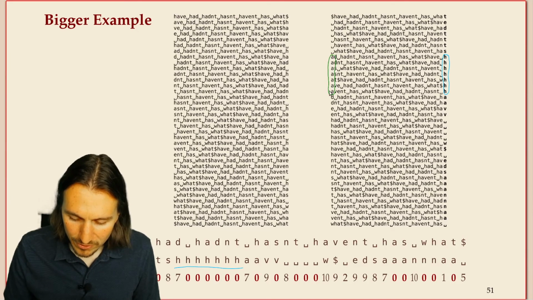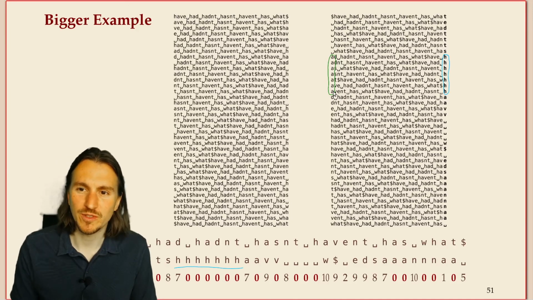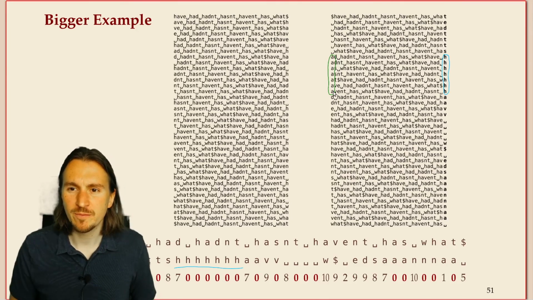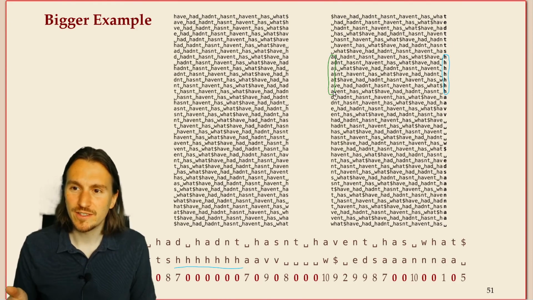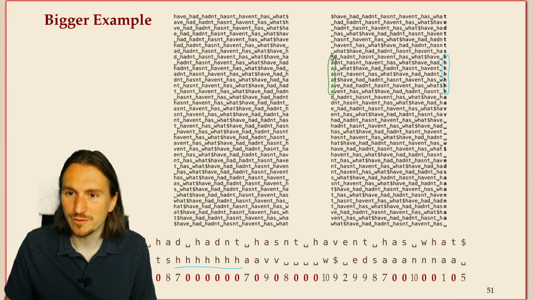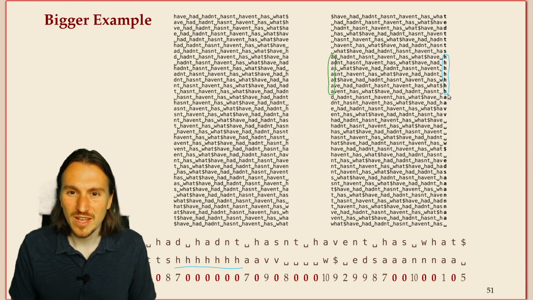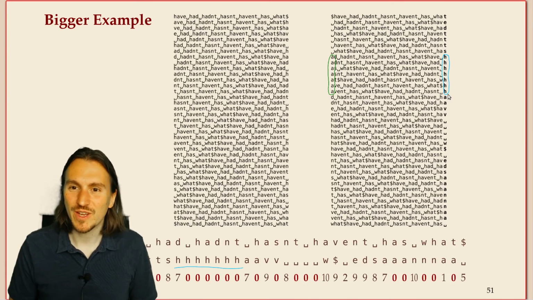And if you check what comes before those, all H's here are before this A. So there's no other character in this example text that precedes the letter A. And that is guaranteed to give us a run of H's of the length as many A's as we have. Of course, it's also true that this text has long repeated parts.